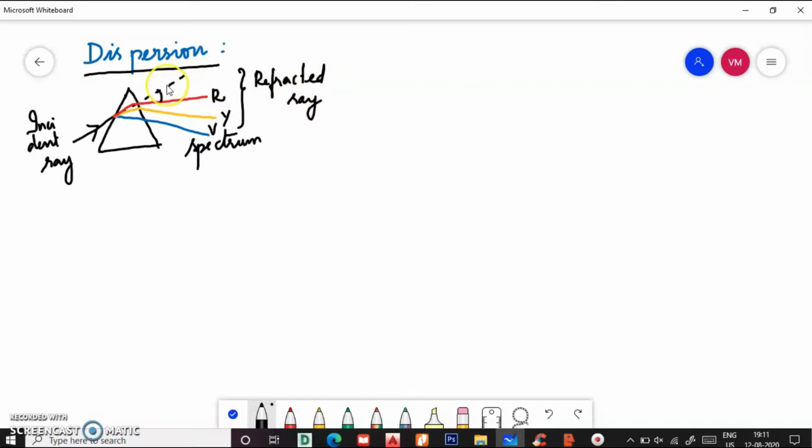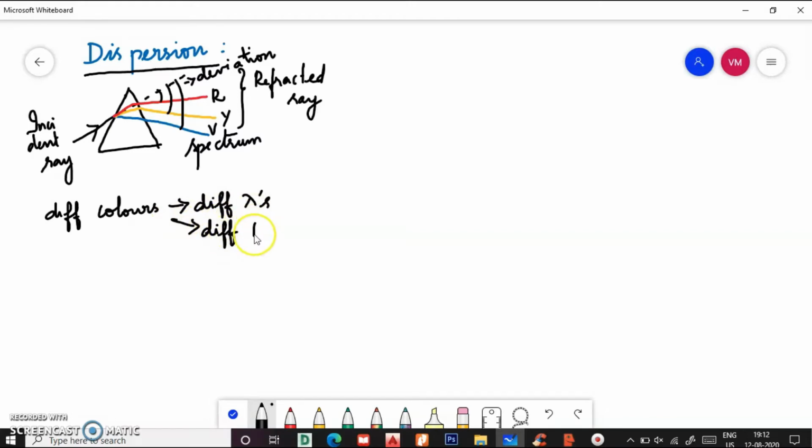The different angles are given by the angle of deviation. This is the deviation that decides the refractive index of different colors. Different colors have different wavelengths, and similarly different colors also have different refractive indices.